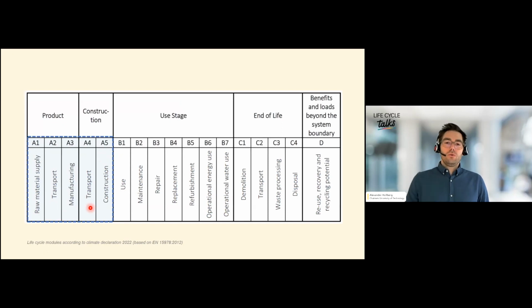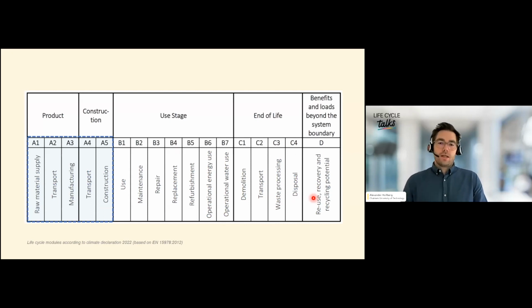But then during the use phase, we have the replacement typically of some materials that don't last as long as the 50 years we usually use for calculations. So maybe we have to replace some windows, which can have a big impact. And also, of course, we want to include the end of life, or maybe even reuse, recovery, recycling potentially if we want to go towards a more circular approach in construction.